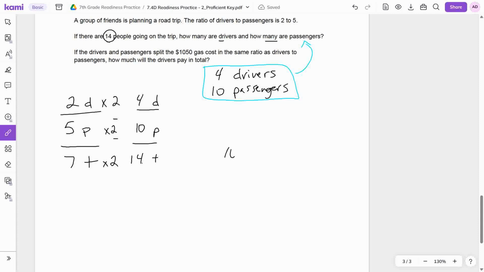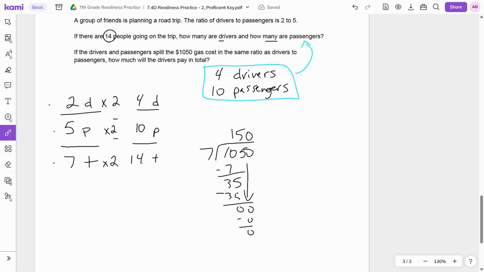So let's take my 1050. I'm going to divide by 7, and that's going to be 150. So 150 per unit right here, and I've got 2 drivers and 5 passengers. If I multiply that by 7, I get back to my 1050.